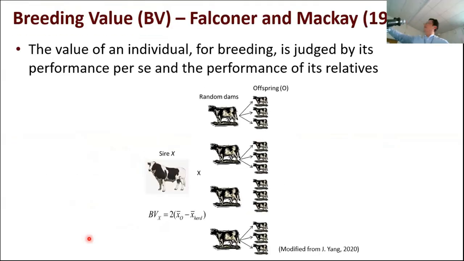Now, animal breeders have been using breeding values since 1983. If you're going to buy good genetics in animals, what do you think we buy? You have a herd and you need good genetics. What do you think you buy in the marketplace? You buy semen from a sire or a bull. And how do you think they gauge the quality of that semen that you're going to buy?